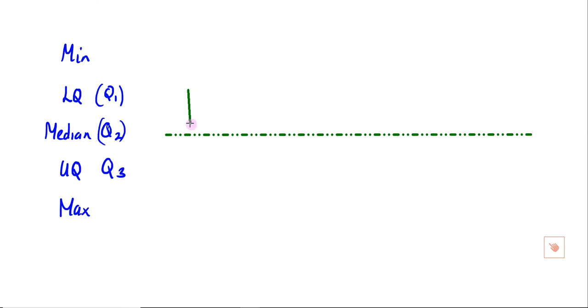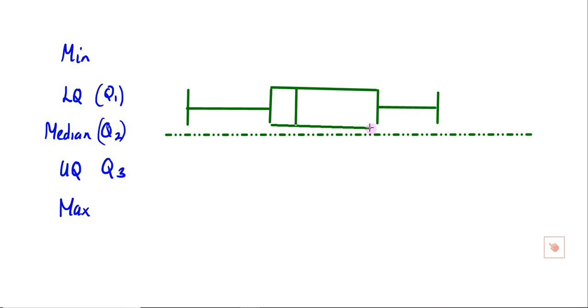So I will have a line at the minimum, a line at the lower quartile, a line at the median, a line at the upper quartile, and a line at the maximum value, and I draw the box and the whiskers. And then if they ask, what's the interquartile range? That's just the box, right?